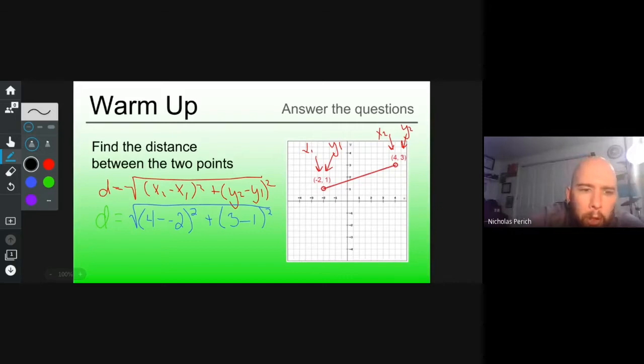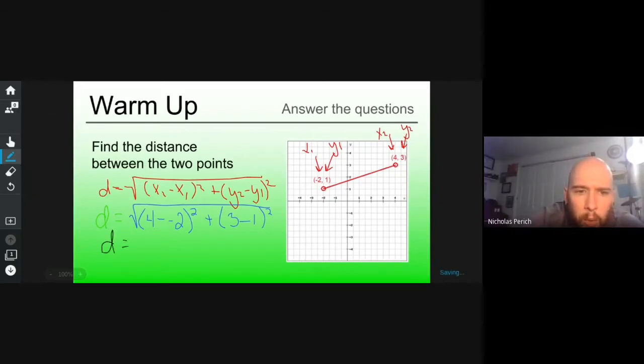All right. D equals 4 minus negative 2. Double negative makes a positive. 6 squared. 3 minus 1 squared.